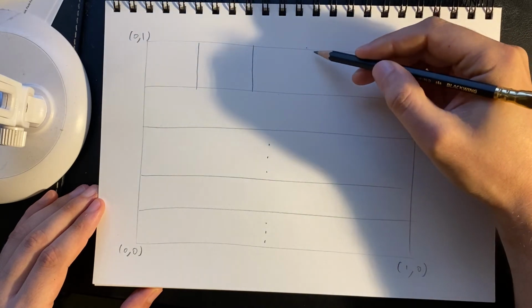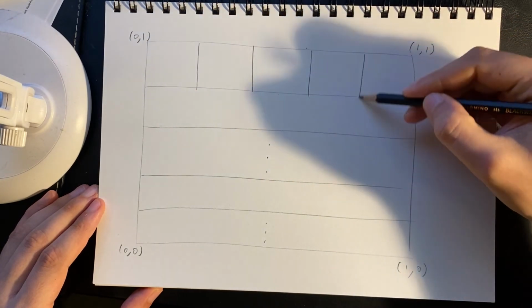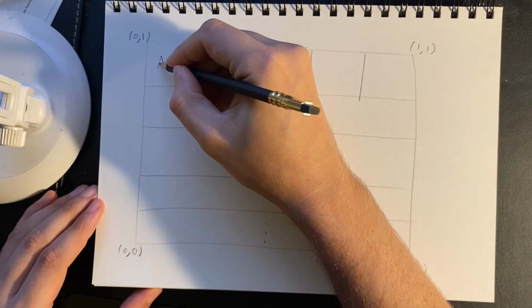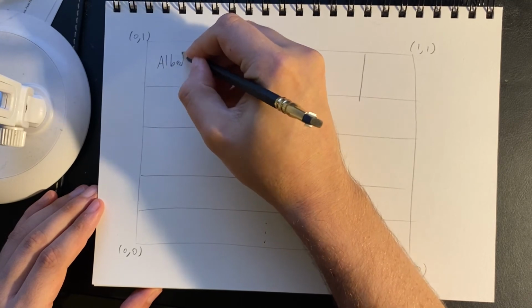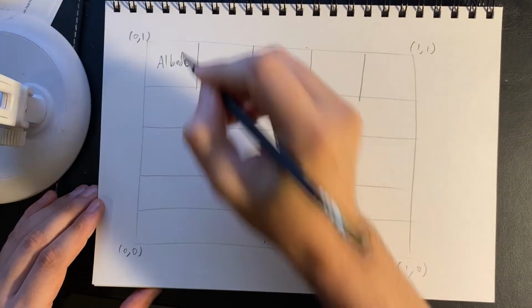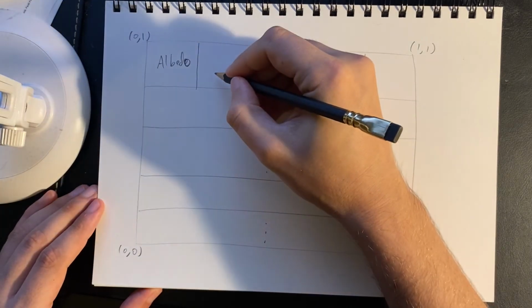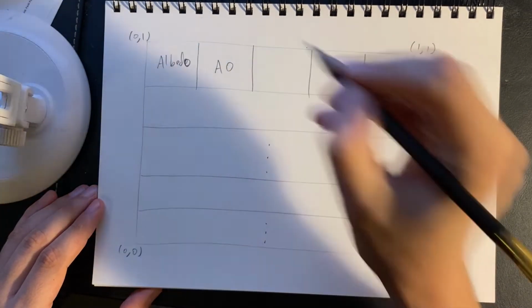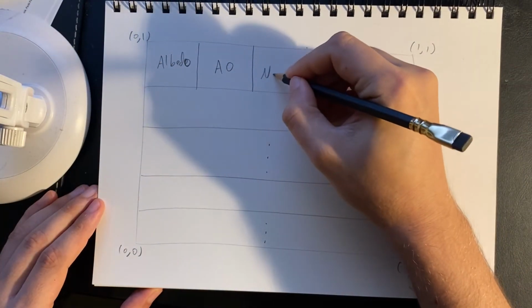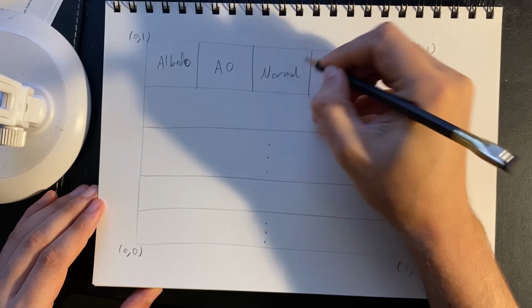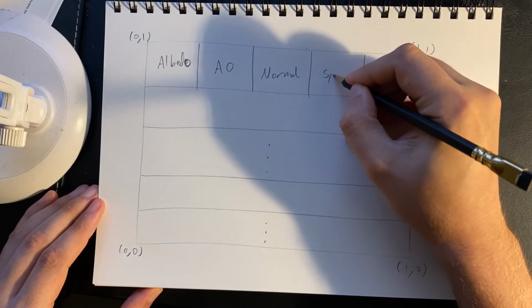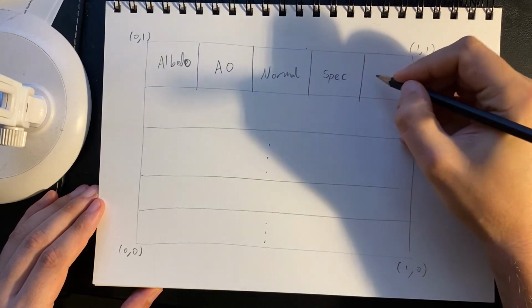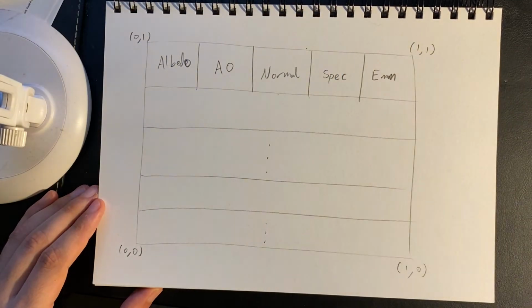So let's say we have our albedo map or our diffuse map, our regular base color, and then we have our ambient occlusion, normal, specular, and emissive maps, for instance, or any sort of texture maps that we want.